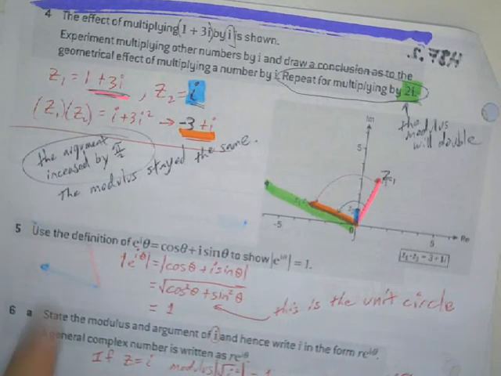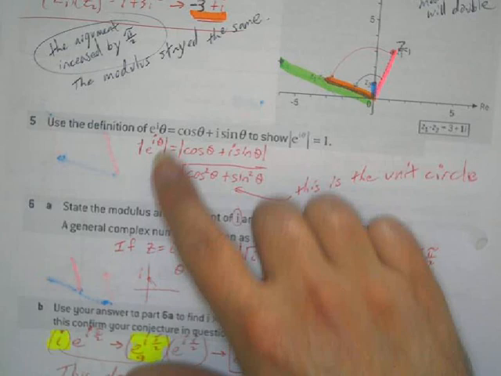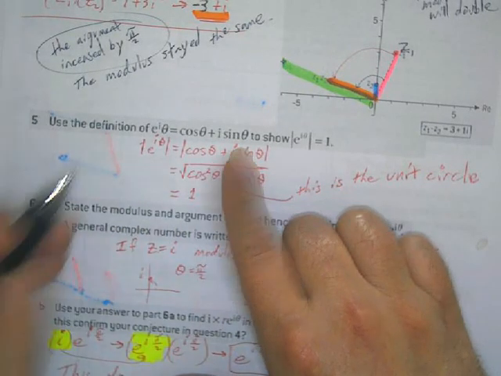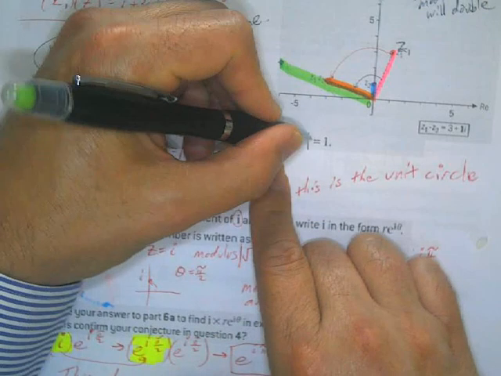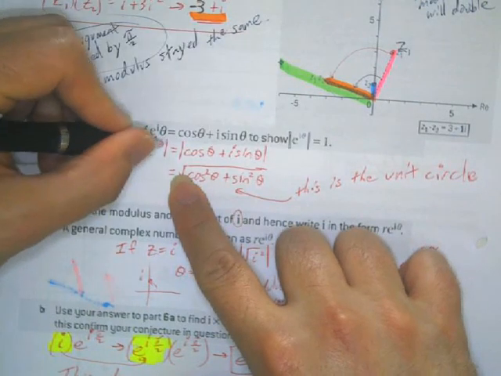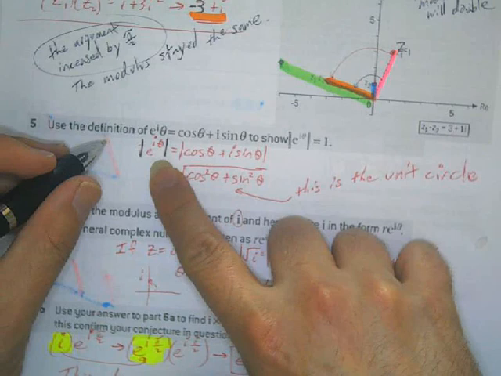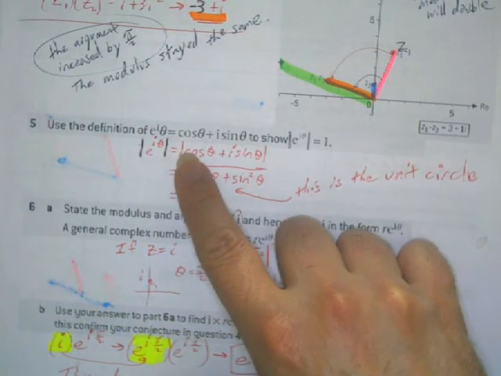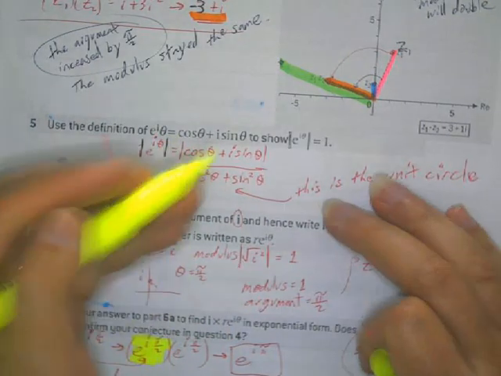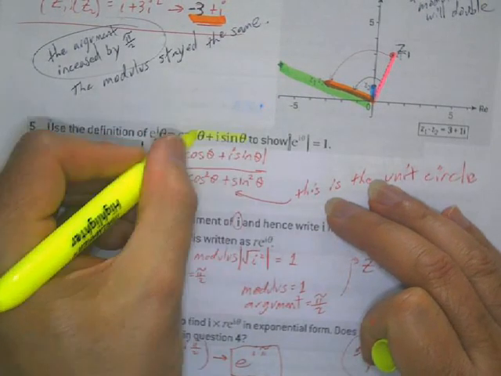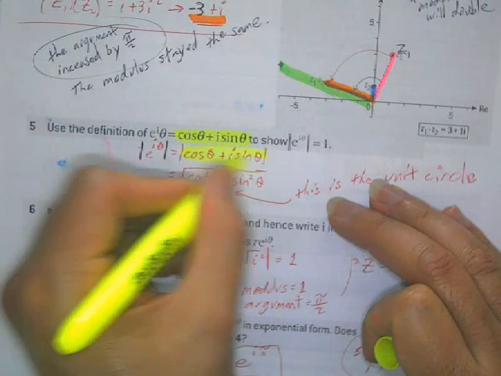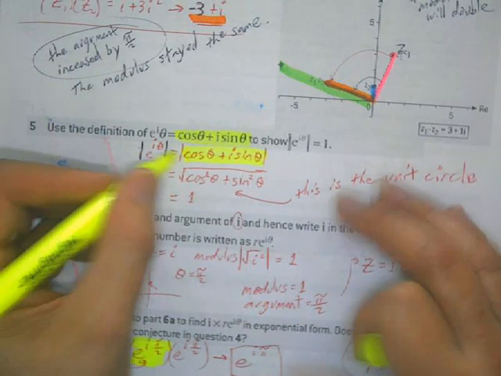Okay. All right, so the definition of e to the i theta is this. So show that the modulus of this is equal to 1. So if I've got the modulus of this, and I know that e to the i theta is equal to all this stuff here, right? Okay, so to find the modulus, you take each thing squared.